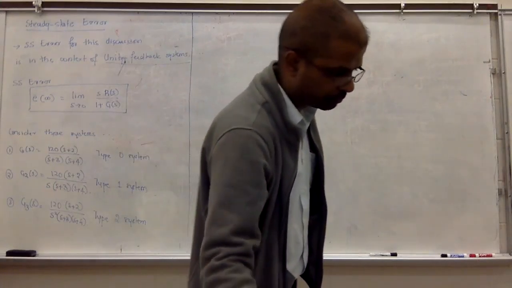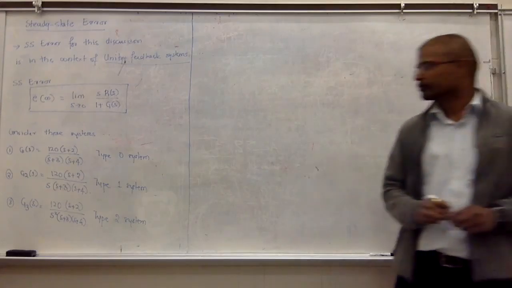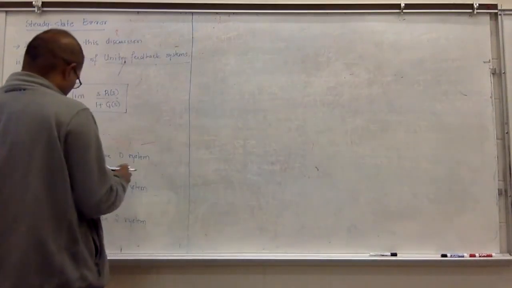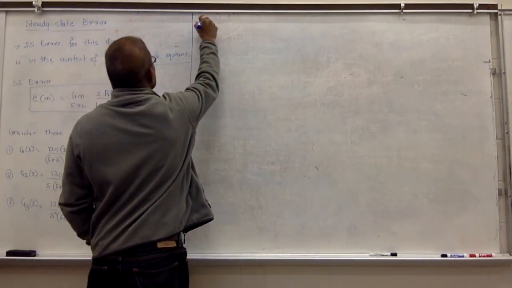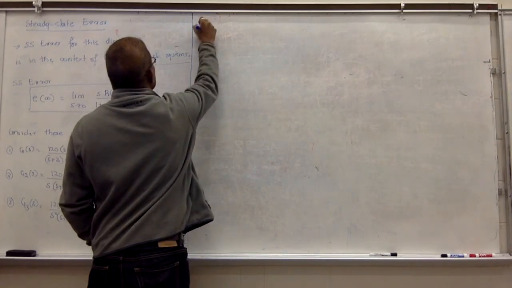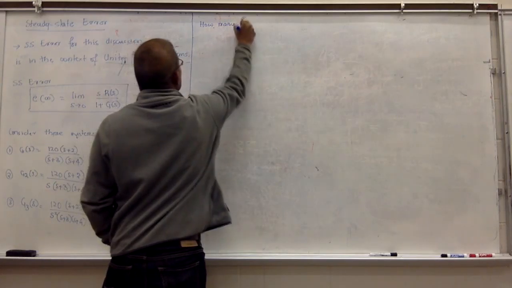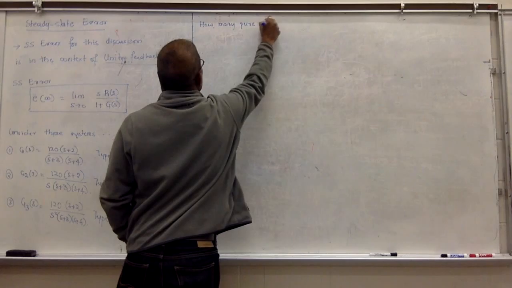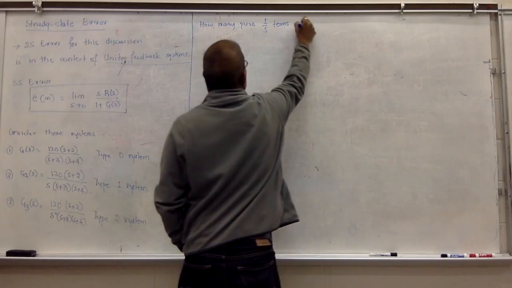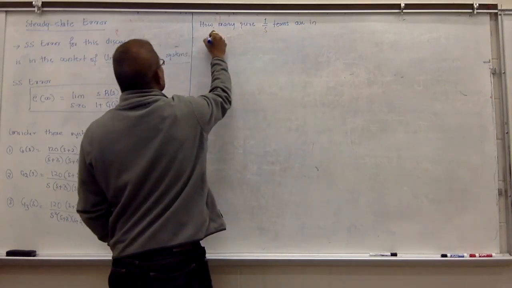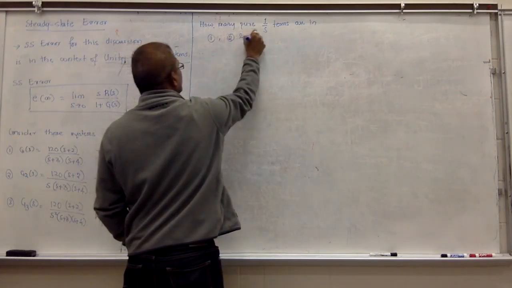If you look at the system, try to answer this question: how many pure 1 over S terms are in systems 1, 2, and 3?